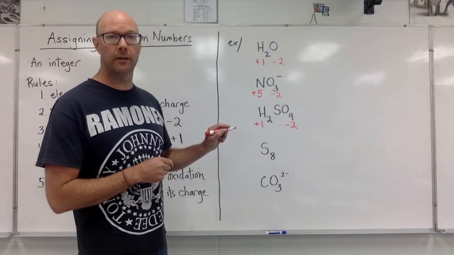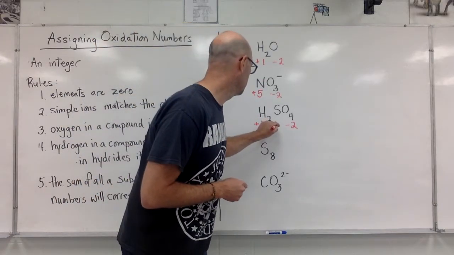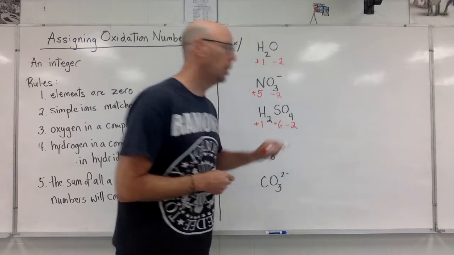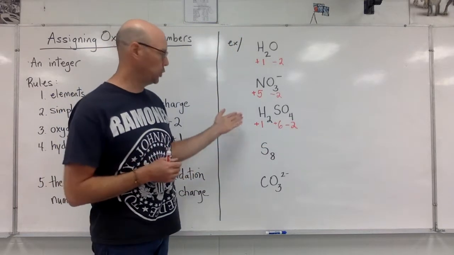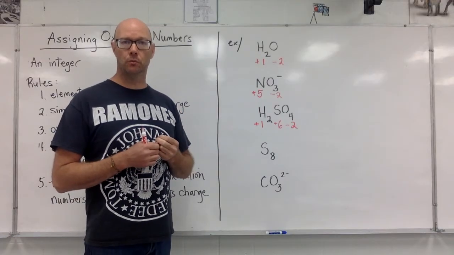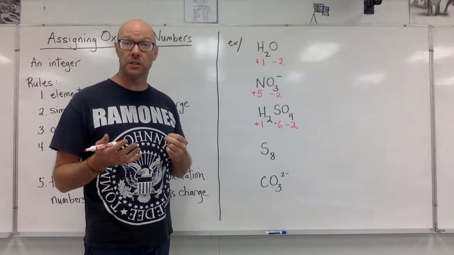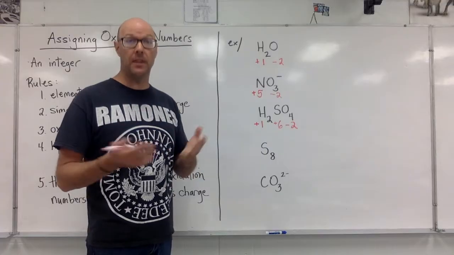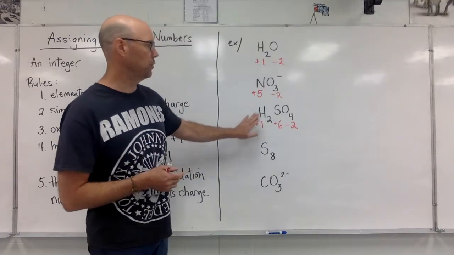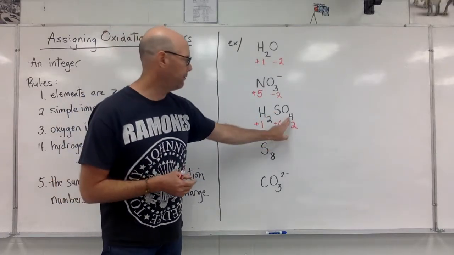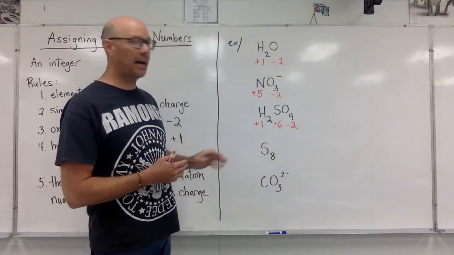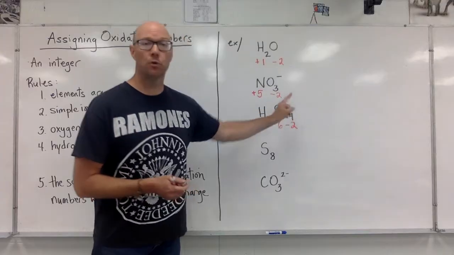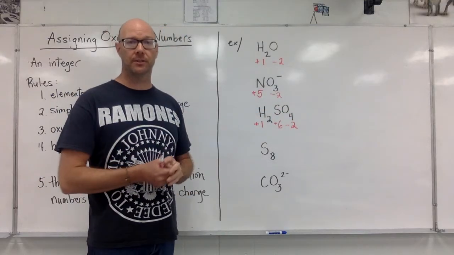The sulfur here is +6. Hydrogen is +1, but there's 2 of them, so that makes +2. The sulfur, if it's +6 and there's 1 of them, that makes +8 in total, the 2 hydrogens and the sulfur, and 4 oxygens, each at -2, -8. The sum of all of that is 0. We have no charge for the sulfuric acid.